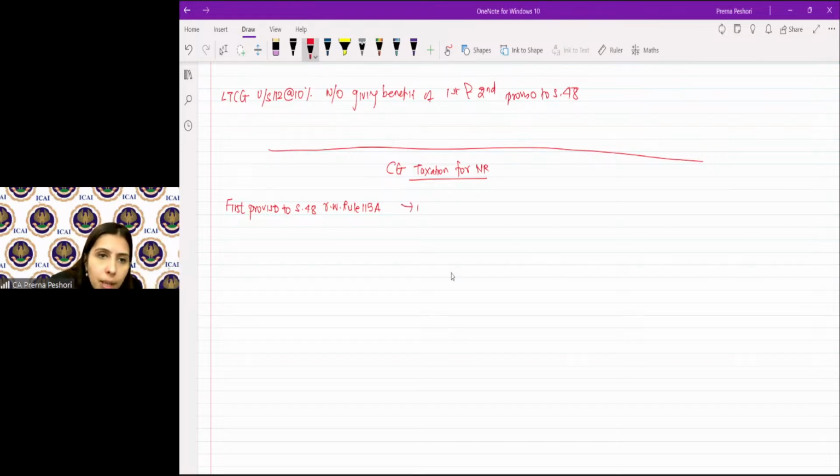So this is the benefit of the exchange rate fluctuation. Are we getting this? This is a mandatory provision. It is not optional, it is a mandatory provision.